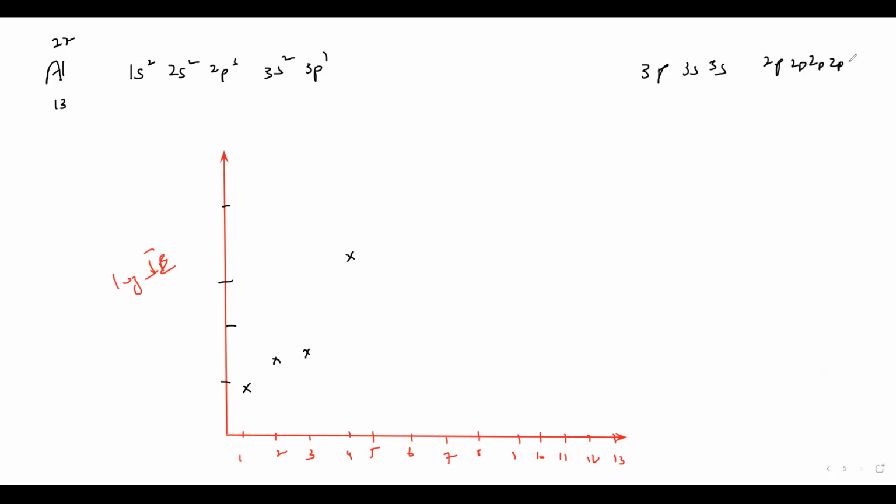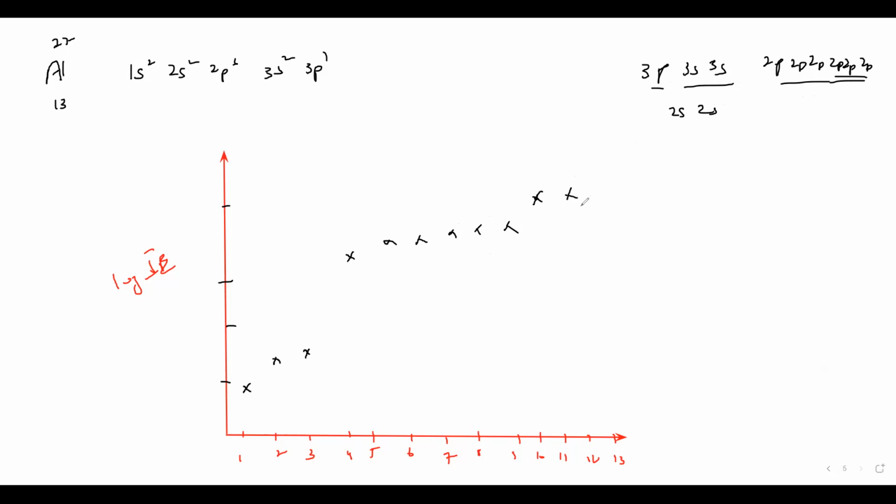So until all 6 electrons are removed from 2p. So 1, 2, 3, 4, 5, and 6 electrons removed from 2p. And then after 2p, the electron will be removed from 2s. The 2s means it's the same shell, but the subshell is different, so there will be a gap, but a small difference.